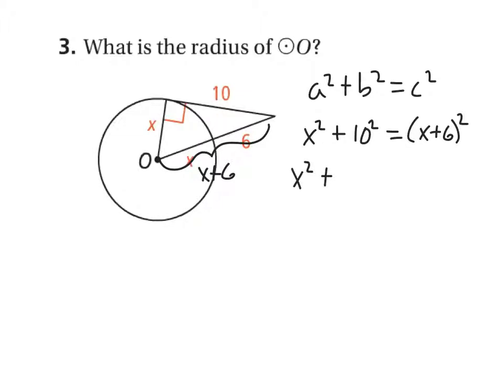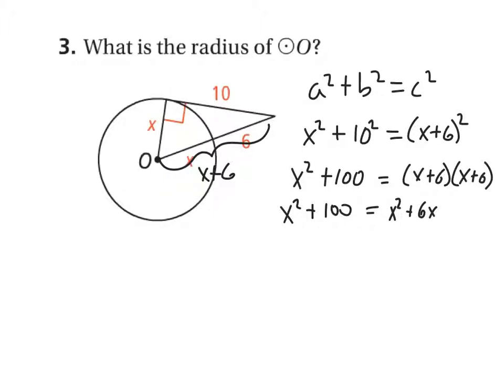So, x squared plus 100 equals x plus 6 times x plus 6. So, double distribute: x times x, x times 6, then 6 times x, and 6 times 6, oops, 36.